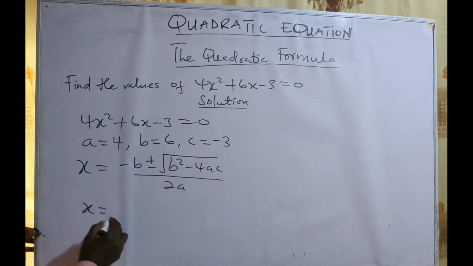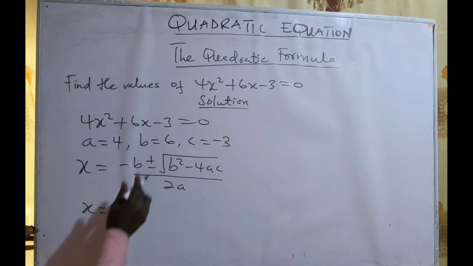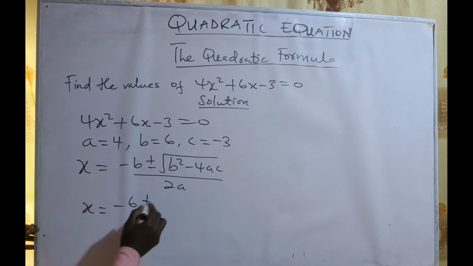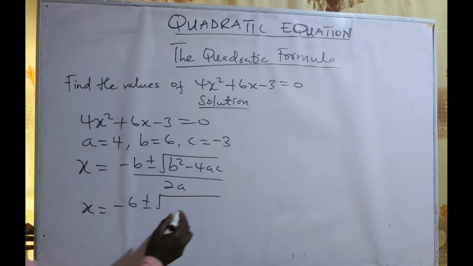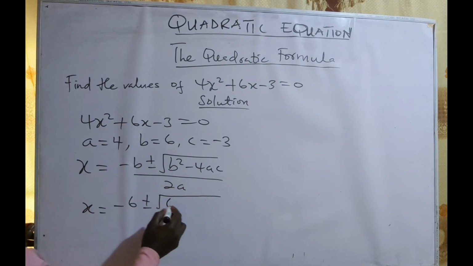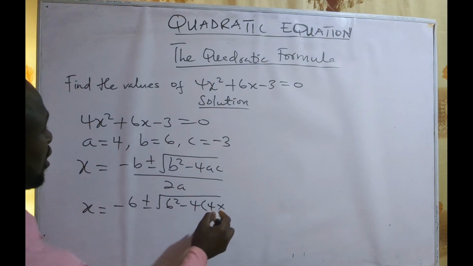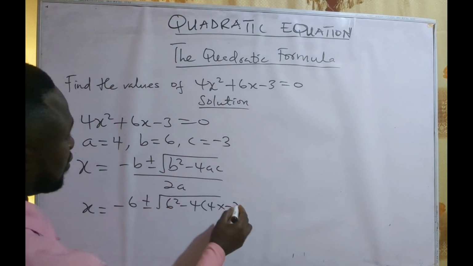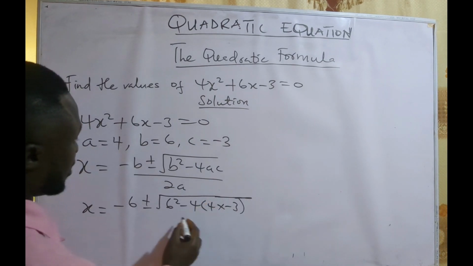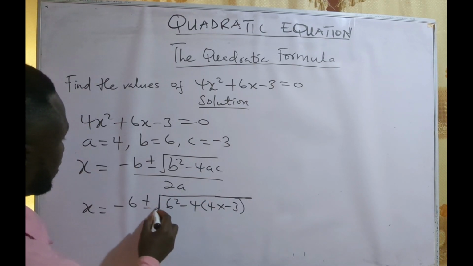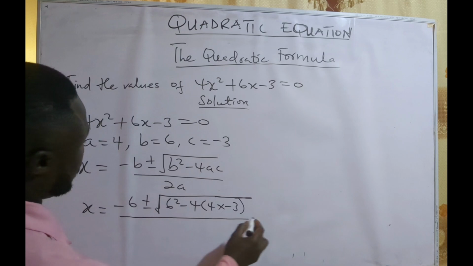So my x will be equal to minus, what is the b? 6, plus or minus square root of, what is the b squared? 6 squared minus 4. What is our a? 4. And what is our c? Negative 3. Okay, all over 2a.